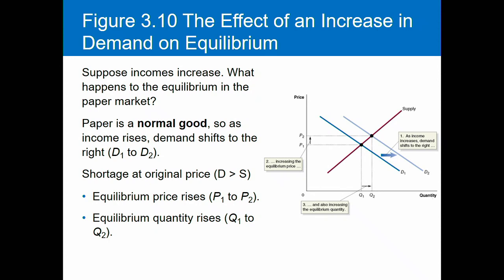If firms kept the price at P1, consumers would demand even more. Let me draw that on the board so it's easier to see. Initial demand curve, and there's our new demand curve. Initial equilibrium.